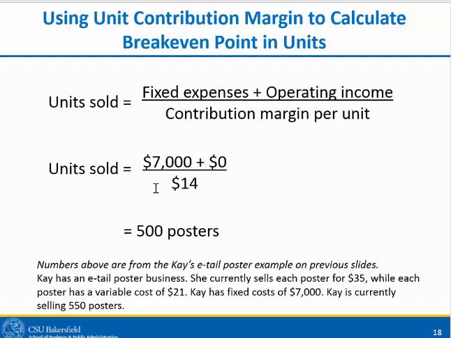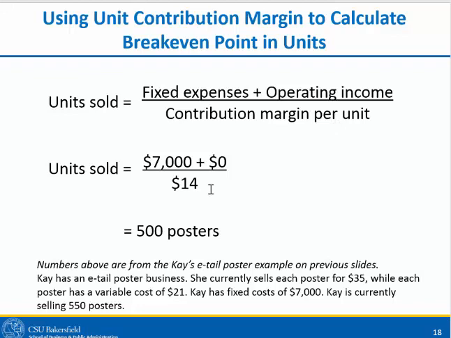If we apply this very wonderful formula, it's actually pretty simple. Looking at units sold at break-even, the fixed expenses are $7,000, which is right here. Operating income is zero. Why? At the break-even point, operating income is always zero. And what is contribution margin per unit? It's $14.